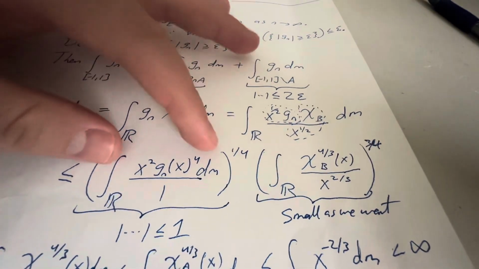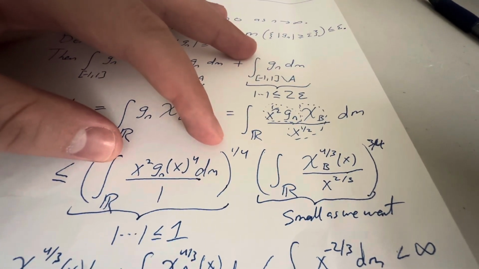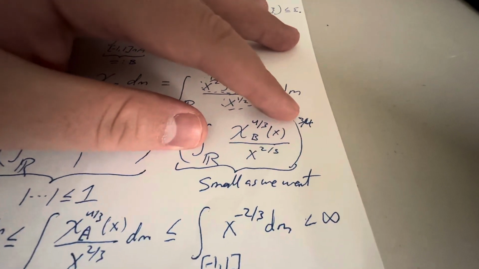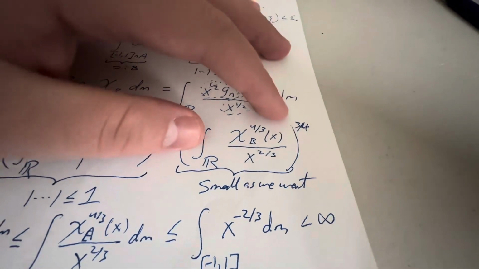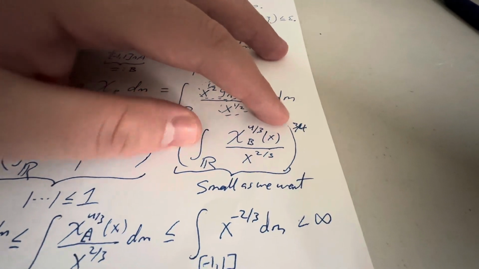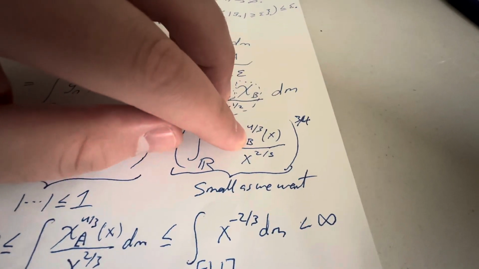So if you raise this guy to the 4/3 power, this is what we get on the inside. And this guy here is bounded in absolute value above by 1 by the assumption that we have here. And this guy, we can kind of declare victory more or less here if you supply enough details. But this guy is as small as we want because B can be made as small as we want.